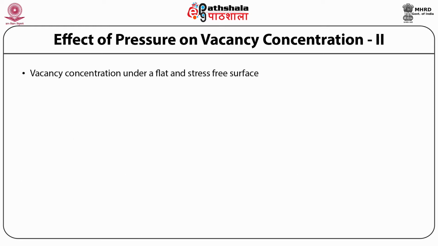Now, the concentration of vacancies under a flat and stress-free surface is given by C naught is equal to K exponential minus Q by kT, where Q is the enthalpy of formation of vacancies and K includes the entropy and pre-exponential terms.